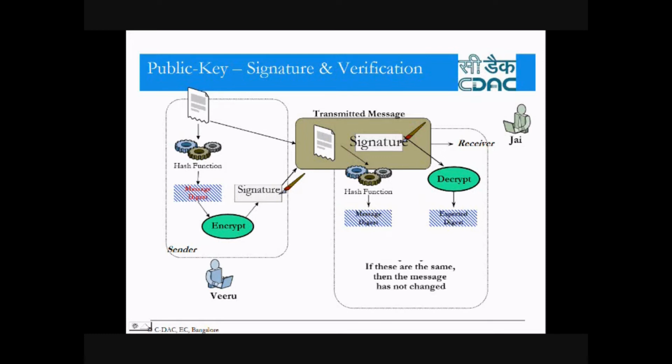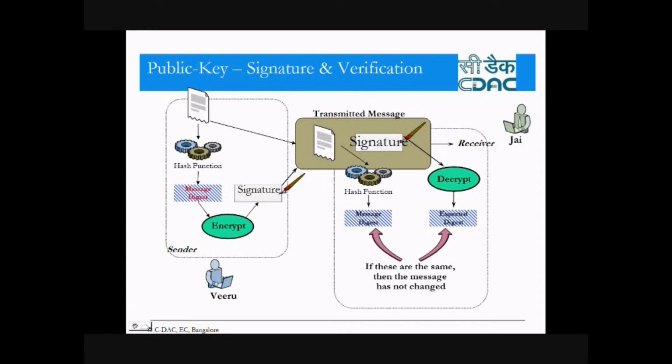Now if these two message digests are the same, then Jay can be sure that the message has not been changed. This is the confidence that Jay gets that the message is not changed in the transmission process.